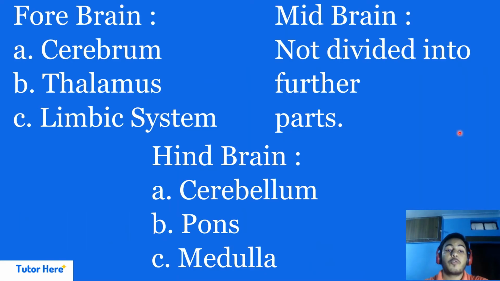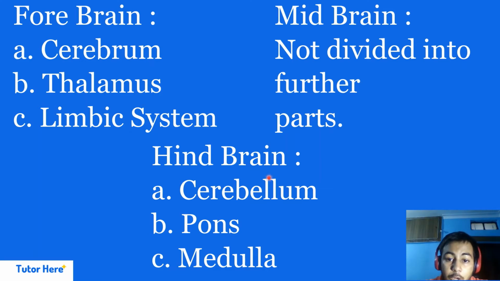Now, the forebrain is divided into three different parts. The very first is the cerebrum, then we have the thalamus and the limbic system. The midbrain is not divided into any further part. So it can be a good question which part of your brain is not divided any further, and the answer is the midbrain.